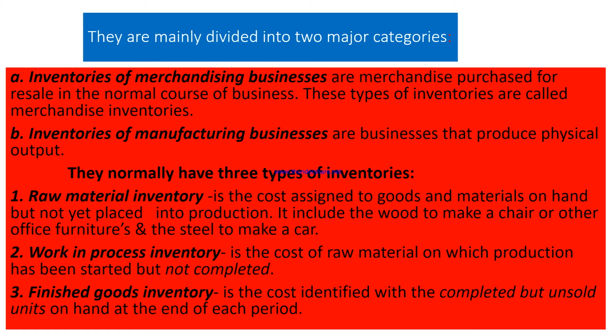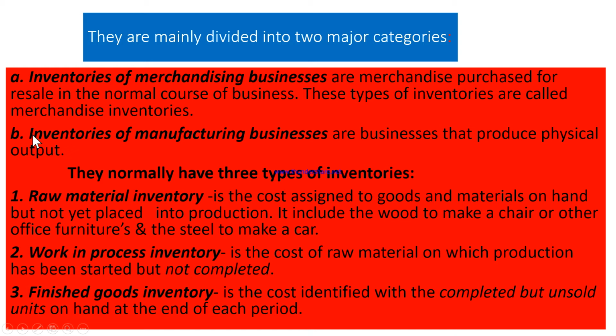Inventories are mainly divided into 2 major categories. The first one is inventories of a merchandising business. They are merchandise purchased for resale in the normal course of business. Those types of inventories are commonly known as merchandise inventories.